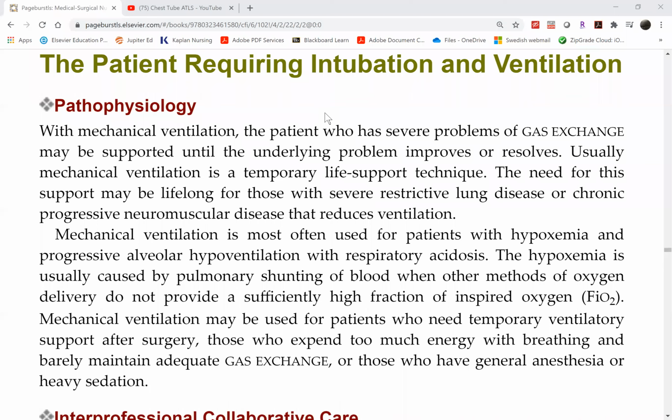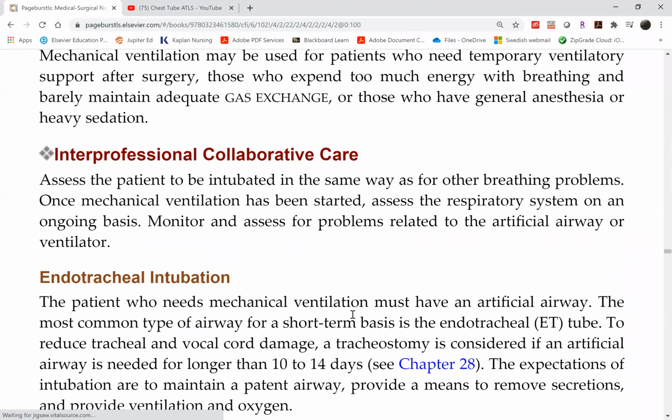Patients are no longer able to supply their own oxygen needs via spontaneous breaths, so the patient now requires ventilation in order to remain alive until we solve the underlying problem. So that's the purpose of mechanical ventilation.